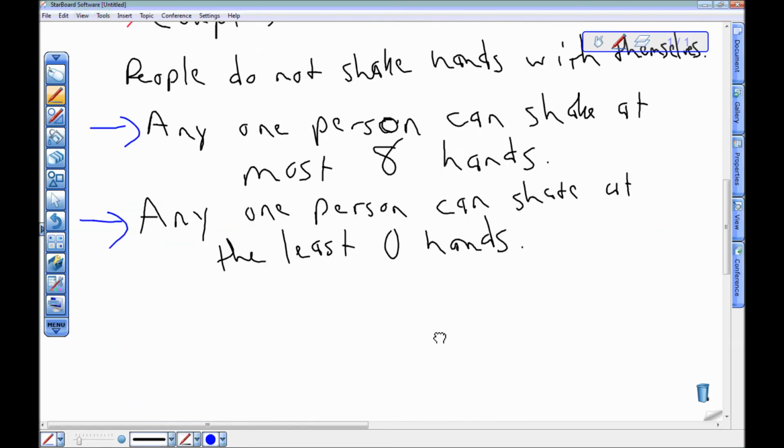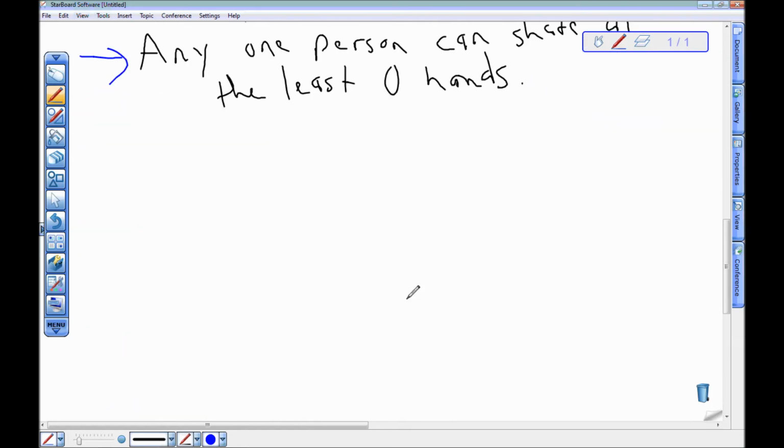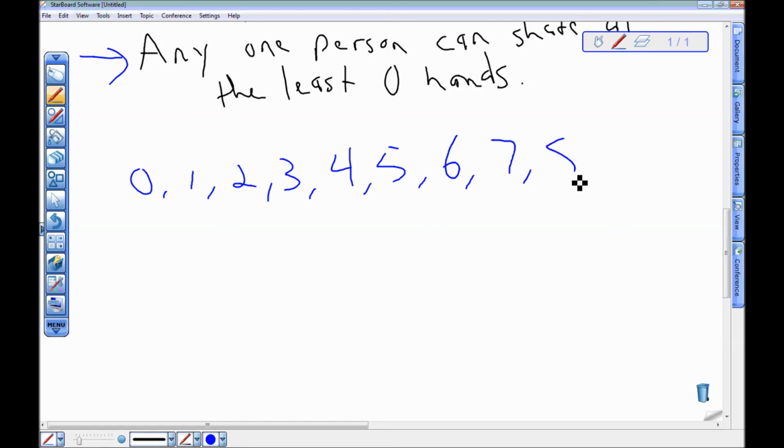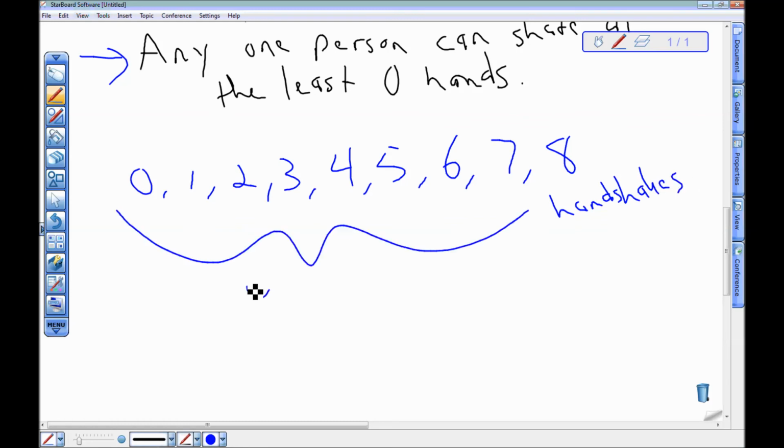Let's look at those numbers: 0, 1, 2, 3, 4, 5, 6, 7, and 8 handshakes. This is a list of 9 numbers. So besides Mike, everyone must have shaken one number of these hands.